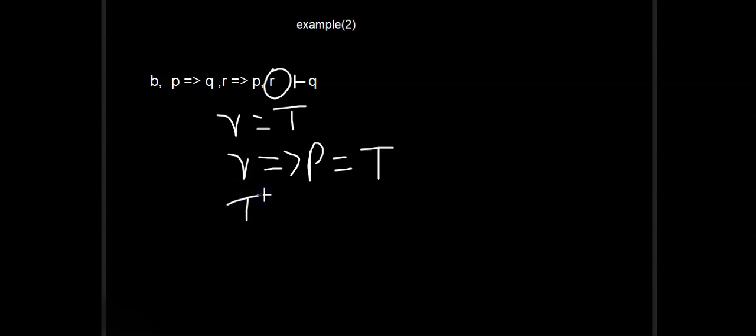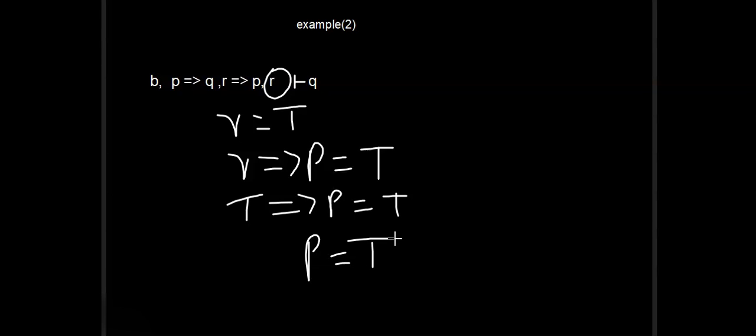When I substitute, I'm gonna get true implies P equals true. So this is the same as the previous one. So P must be what? P must be true, because true implication false cannot be true. It would be false. So for that reason, I'm gonna say P equals true.